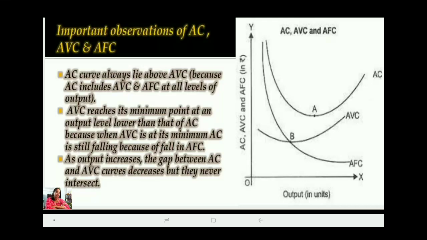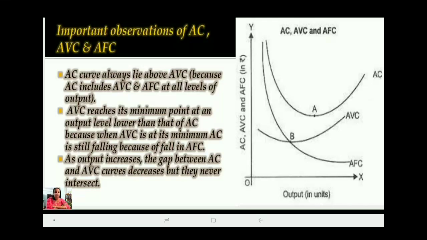You see, the average cost curve is above the average variable cost, and it is also above the average fixed cost, because average cost is the combination of average fixed cost and average variable cost, and that is why obviously it will be above the average variable cost.